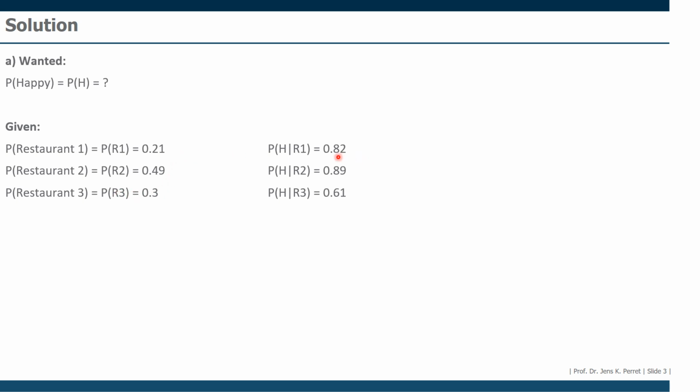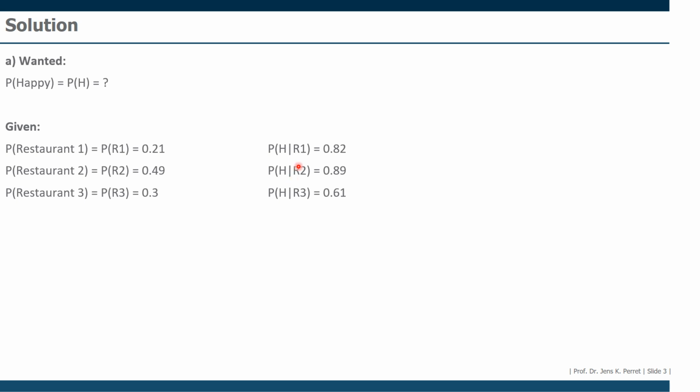Well, whenever we have a structure like this, we have these conditional probabilities, and we want to have the unconditional probability, then we can use the theorem for the total probability, because that's more or less what this is about. This is the total probability based on these conditional partial probabilities.